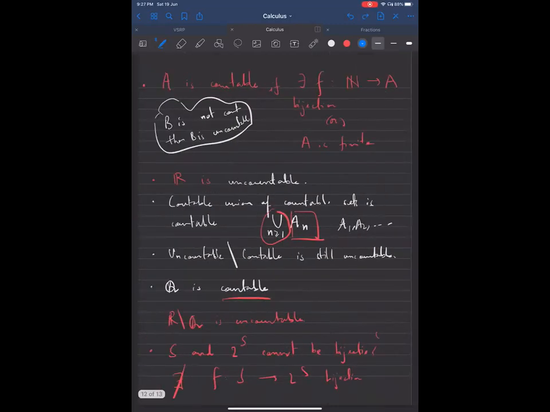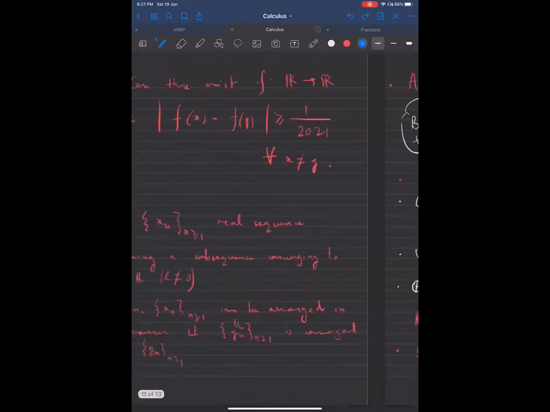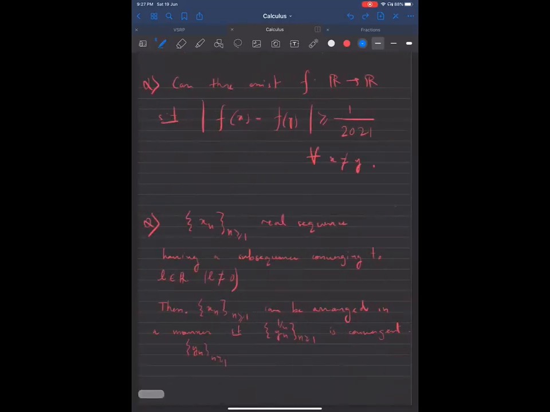So getting back to the problem here, the essential way of contradicting this statement is to show that there doesn't exist any such function because R is uncountable. Let us first restrict the function to its range.